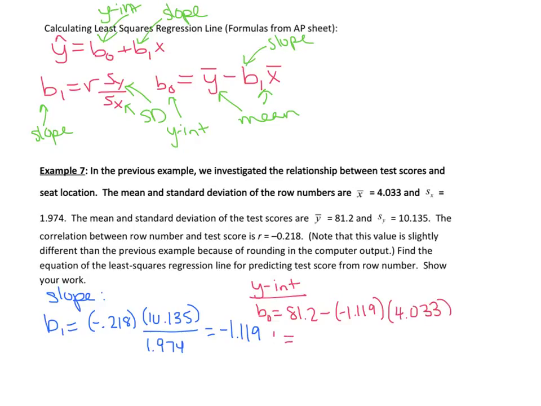And if you calculate those out, we'll find that our y-intercept is going to be 85.71. So our final equation is y hat equals 85.71 minus 1.119 times x.